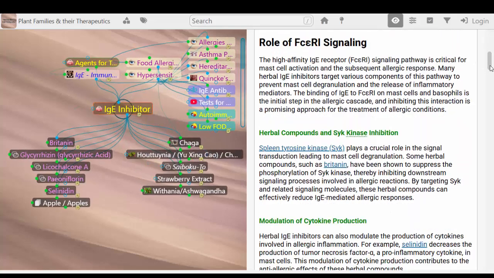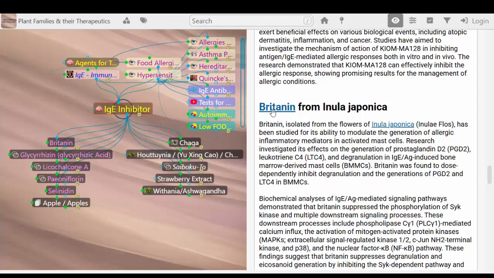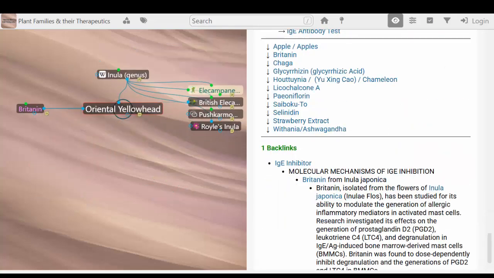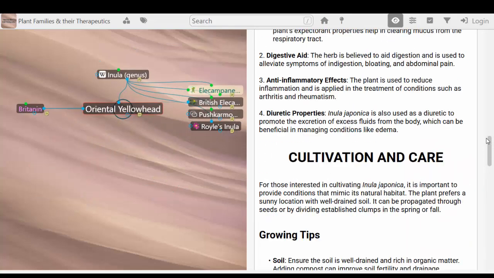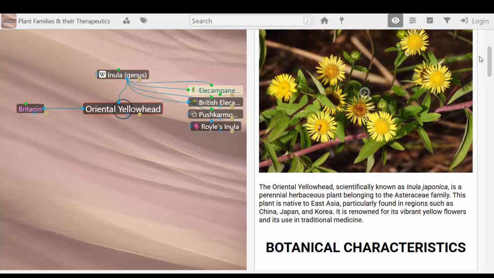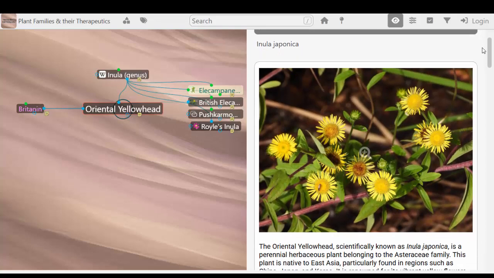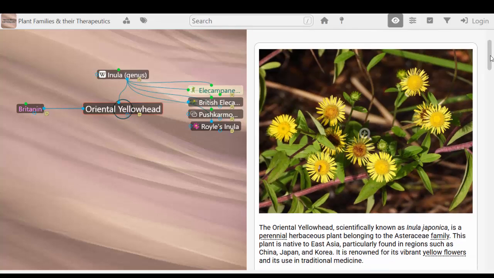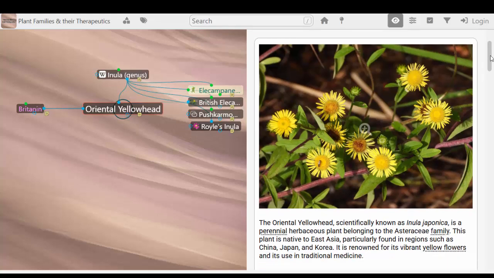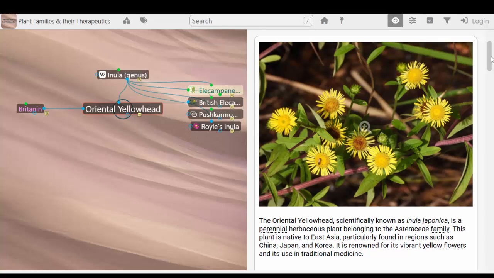Okay, what else do we have? This Britannin is found in Inula japonica. Let's pull that up. That is called Oriental Yellowhead. Do you remember what else is in the Inula genus? Elecampane. And we know elecampane is wonderful for respiratory disorders.